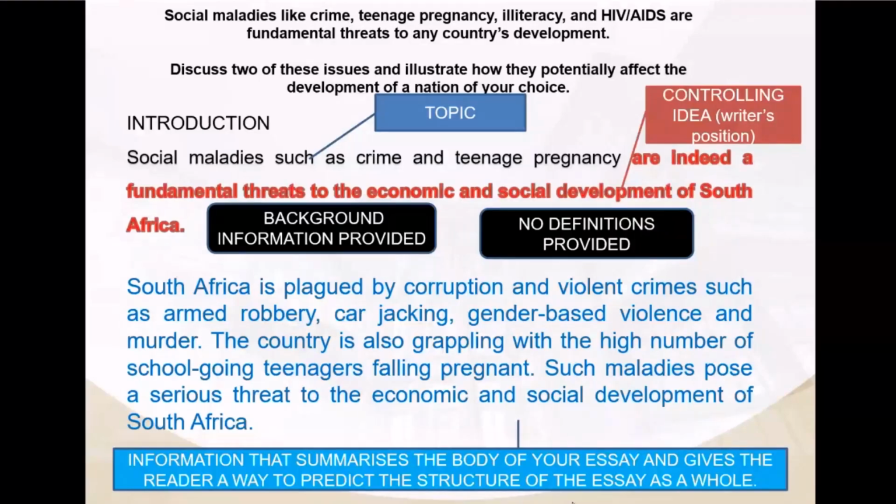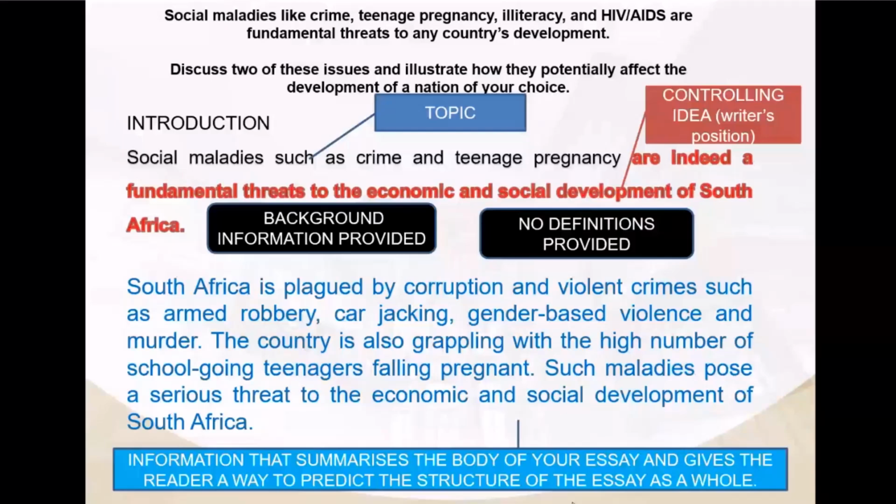The words in blue give the reader the ideas the writer, or the student, is going to use to support the position that they have taken. In other words, the writer has said that crime and teenage pregnancy are a threat to the economic and social development of South Africa.